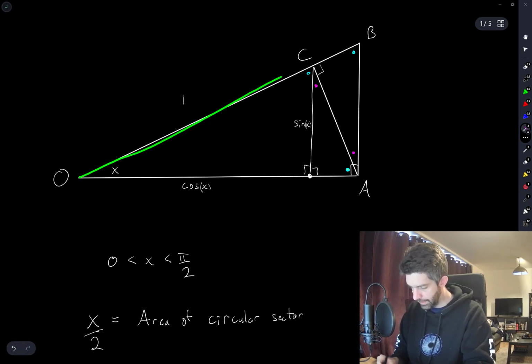the slope of this line from the origin, well, the slope of OB is the same as the slope of OC.